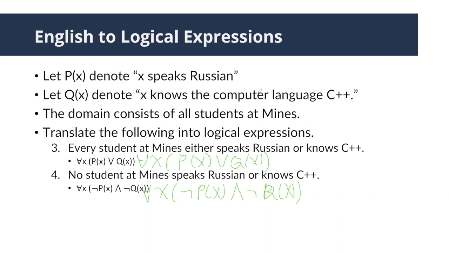Isn't that the same as saying there does not exist a Mainz student who speaks Russian or knows C++, right? So let's first translate the sentence that there exists a Mainz student who speaks Russian or knows C++.